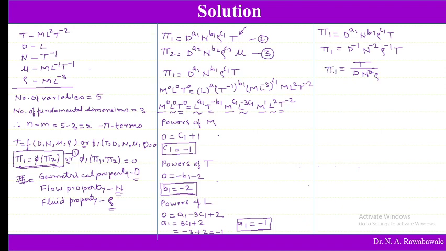Pi1 is given by torque over d n square rho. We call this equation number 4.